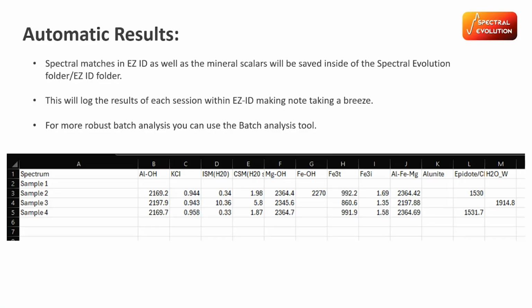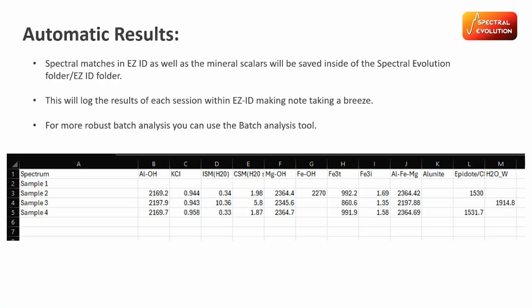And the other 3 are different minerals that may or may not have features for each of these scalars. That's why you'll see blank boxes if there's no feature there. But because this is all collected automatically, it makes data collection a breeze.